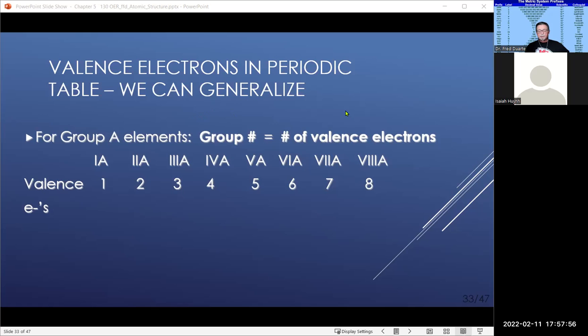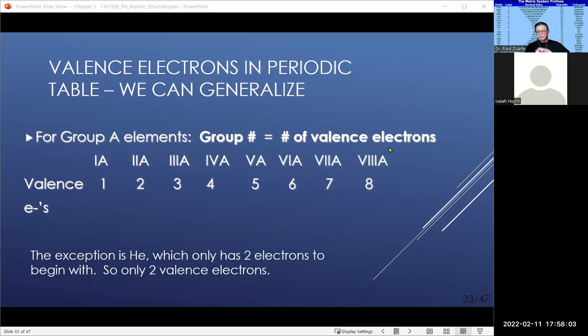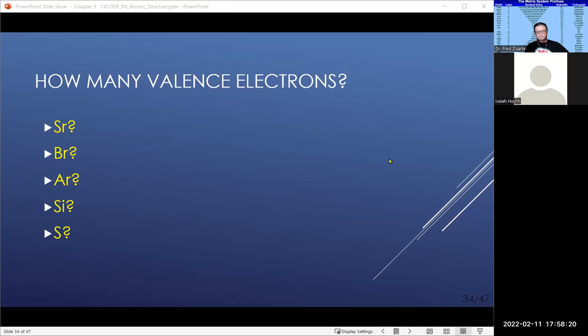All right. So the Roman numerals tell you the valence electrons, with the exception of helium, which always will have 2. But all the other noble gases in group 8A have 8 valence electrons. So from group 1A to 8A, it's given there.